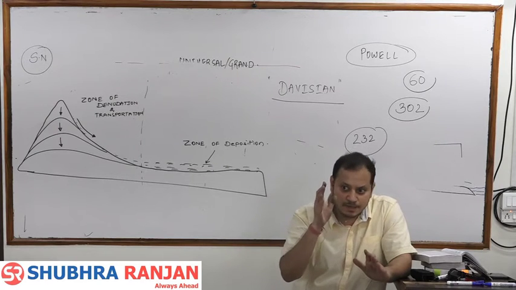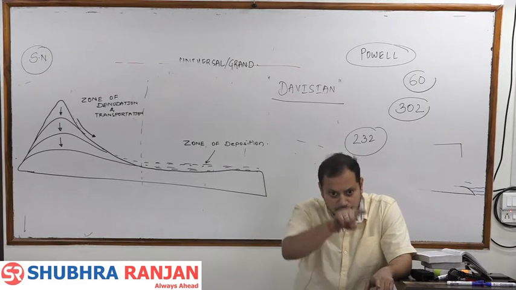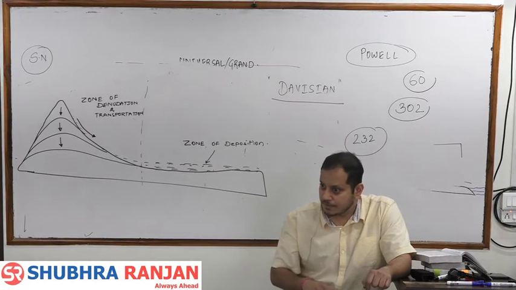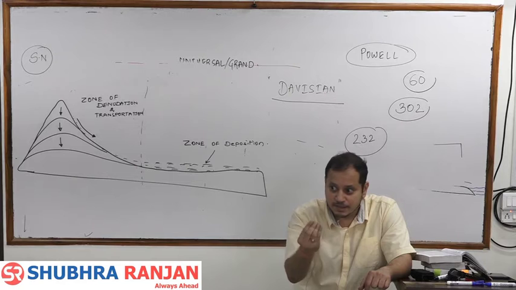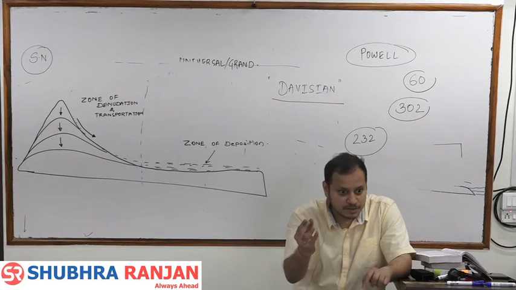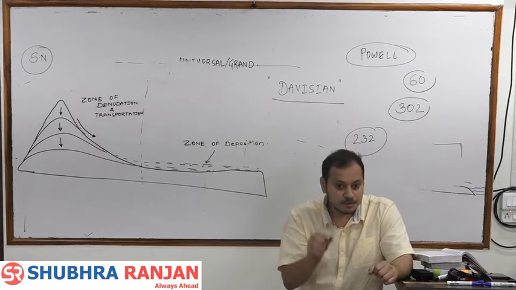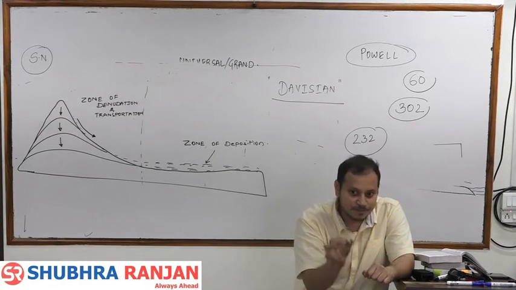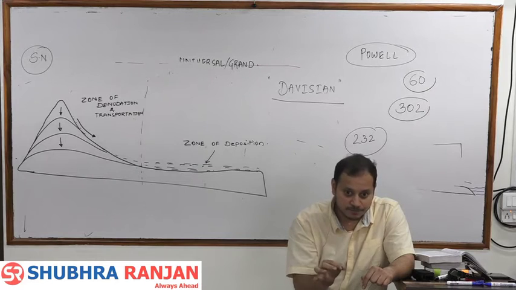Even if I keep two rocks, both of iron, one is a pure rounded rock, the other has joints. Which is going to get eroded first? The one with joints, because water will go inside the joints and rust the rock. Due to rusting, the gap will increase, and thus weathering will be fast. So what is the most important factor? Neither process nor time, but structure. That is why at some point the Aravalis have not yet been eroded.